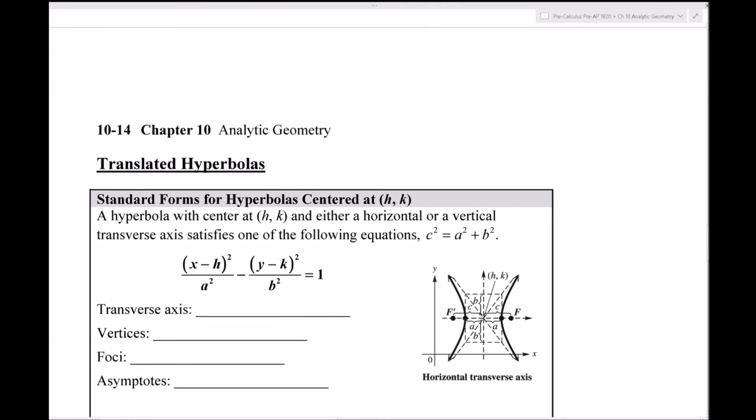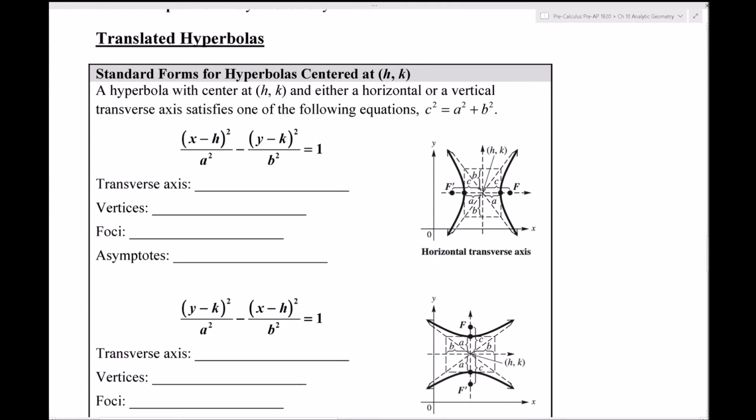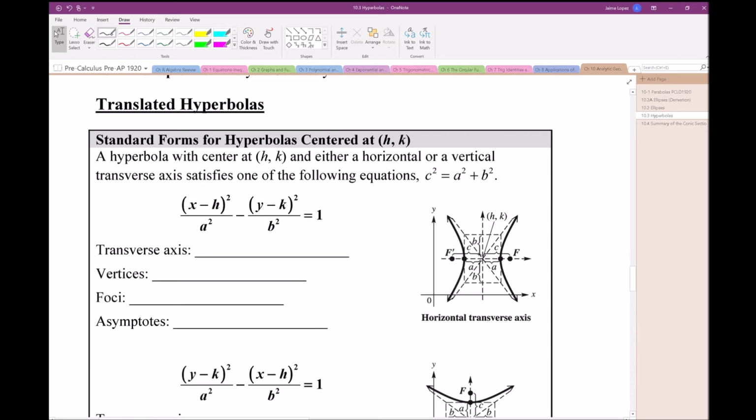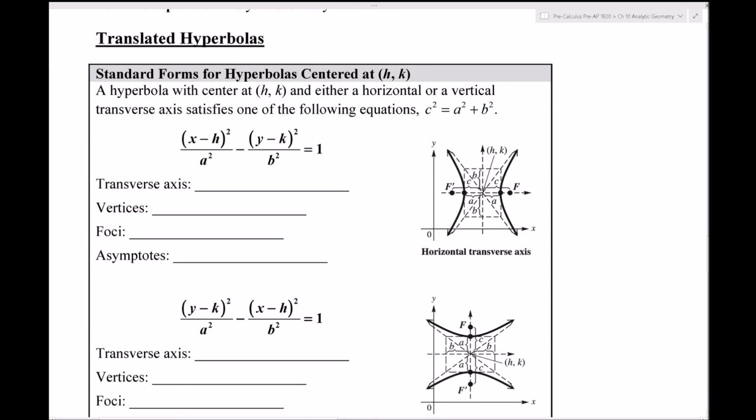So we'll move on to, well, before example 3, a summarization of those situations with off-origin centers. If we have a horizontally oriented hyperbola, and in this case it's horizontal because the negative is on the y term, not on the x squared term, so the x squared term is positive, then the transverse axis is horizontal, and that's y equals k, because k is the offset value vertically.